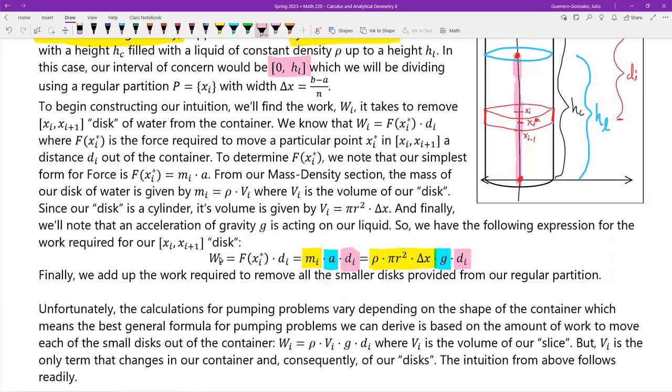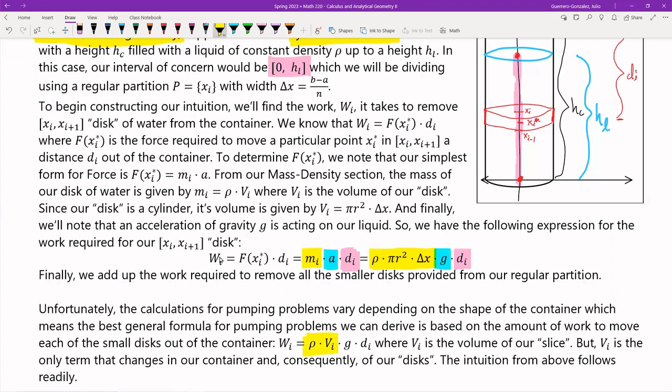The only thing we have to take into account is that the work is always going to be given by rho times some V_i times some gravity or acceleration, times d_i.